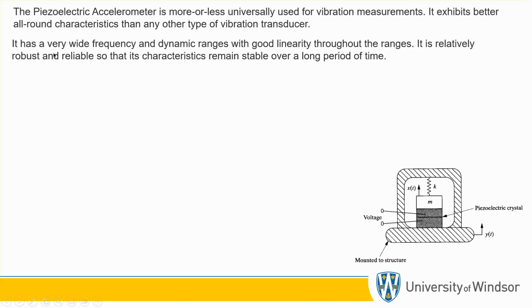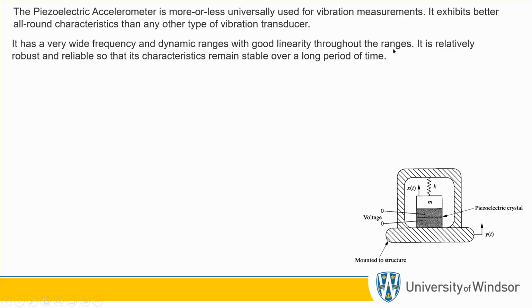Now, this has a very wide frequency and dynamic range. I already told you, for the gadget itself, it was 80,000 hertz, and when you multiply it by 0.2, you get the 16,000 range that it's talking about.